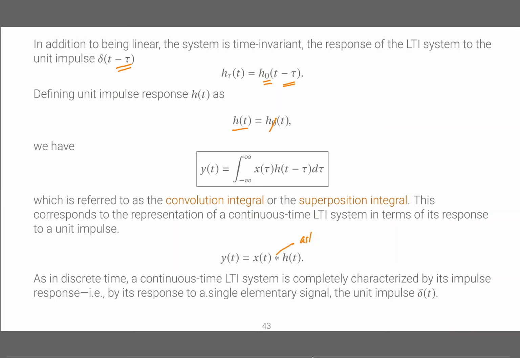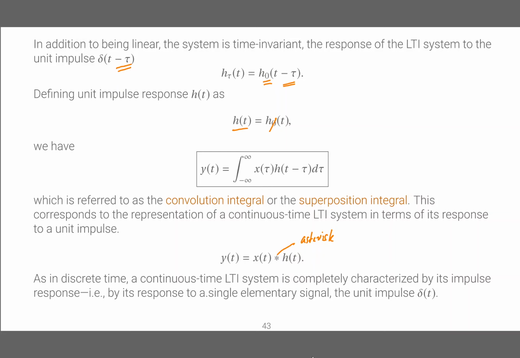We represent that as the convolution, with the asterisk symbol. So y(t) is x(t) convolved with h(t). As in discrete time, a continuous time LTI system is completely characterized by its impulse response, that is by its response to a single elementary signal, the unit impulse δ(t).